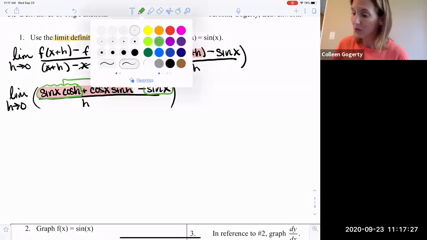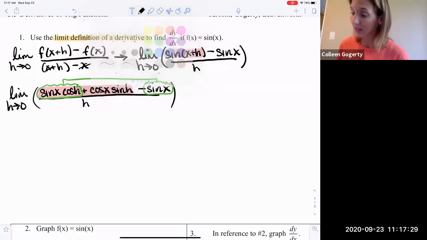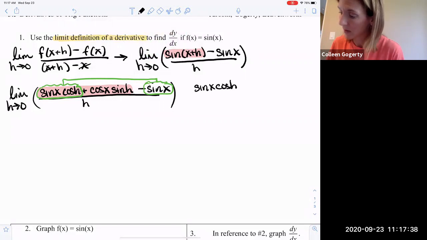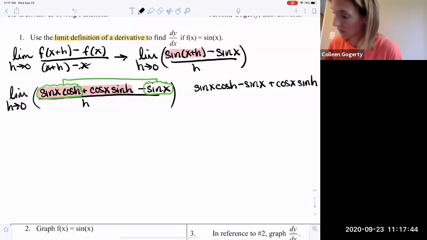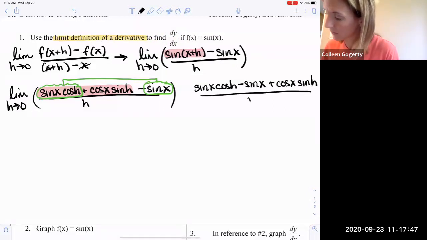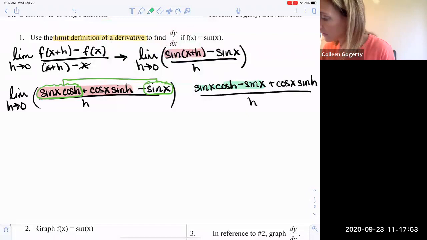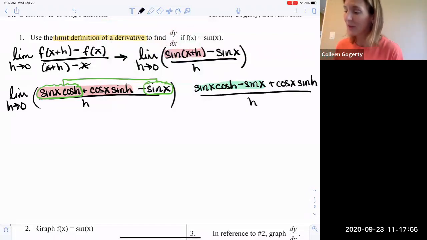What I'm able to do next is rewrite it and put them next to each other, but that's an extra step we don't have to have. For those of you who think it would help, all I'm doing is moving around my terms so that I'm specifically able to look at these 2. I feel like that's an optional step. You don't need to do that.